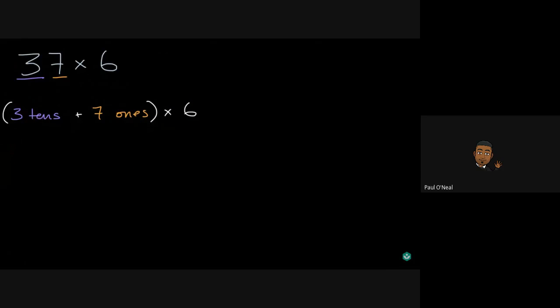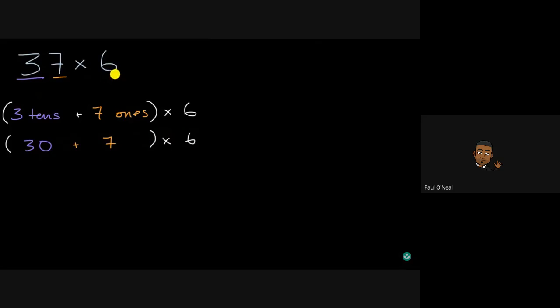Another way you could think about this is, I could rewrite 3 tens as 30, and 7 ones is just 7, times 6. You could call it the distributive property if you like, but I really want you to think about why it's intuitive.